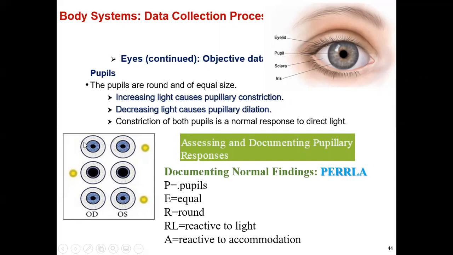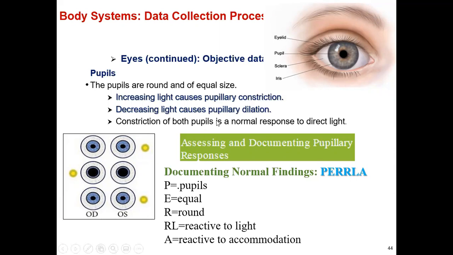So both pupils will be equal in size, both will be round. Increased light causes pupil constriction. Decreased light causes pupil dilation. So when you are in a dark room, our pupil is dilated. But when we are in a bright light room, our pupil is constricted.